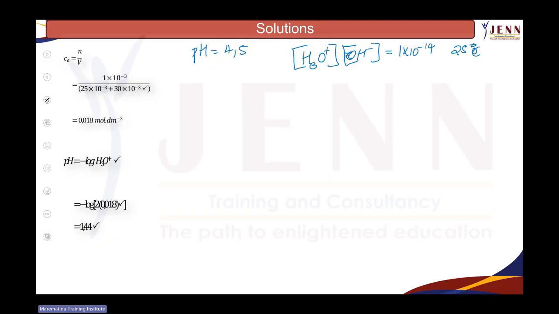What is reacting? We are reacting HF with water. Fine. So HF is going to donate a proton, and we are going to have H3O plus and F minus. So that will be the complete reaction. And in this complete reaction, what we can see is that we have a 1:1 molar ratio.